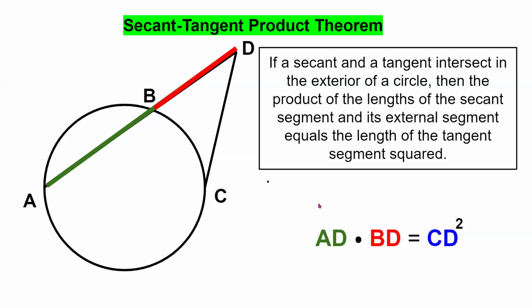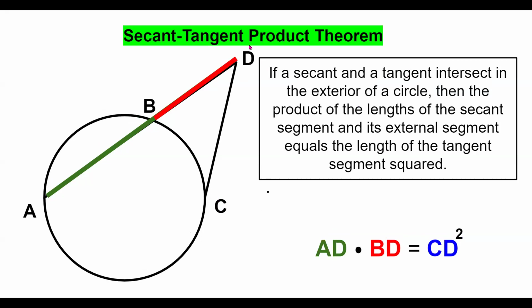Now, my other segment is not a secant, it's a tangent. So it only intersects our circle at one point instead of 2 points. So we have the segment itself, DC, times its external piece, which is also DC or CD.